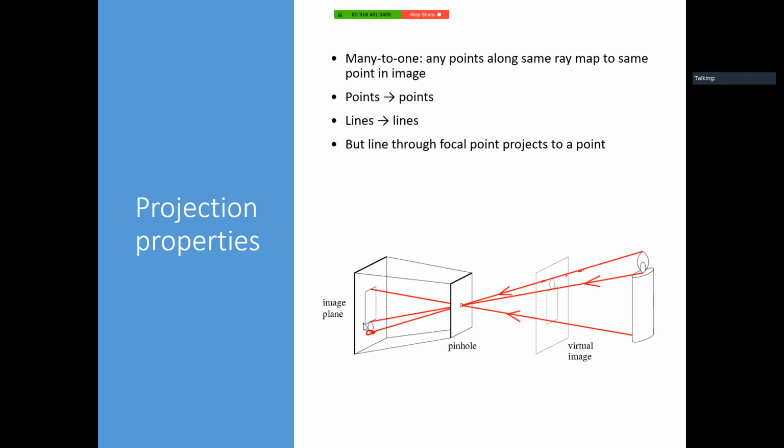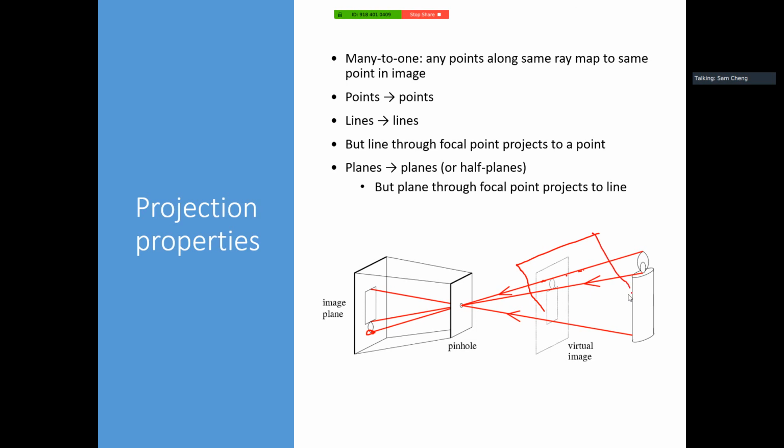Also for a plane, it's possible for a 3D plane to project to either a plane or a line. That's kind of obvious. When it projects to a line, it will be something like a 3D plane that's parallel to this way here, then it will just become a line.